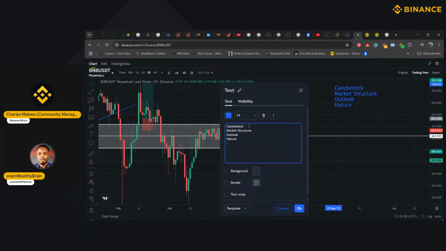After that, you look at how to identify key areas like point of interest, area of value, areas or prices where you've seen significant changes.